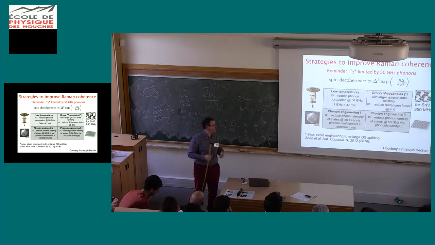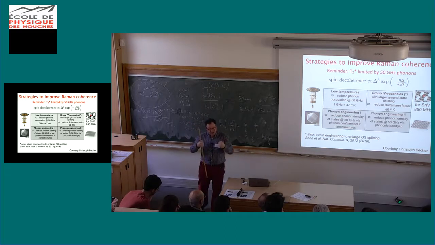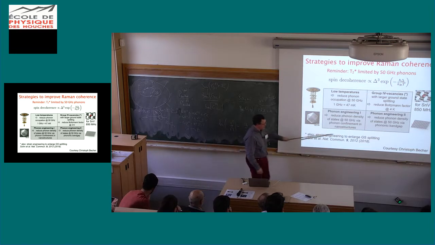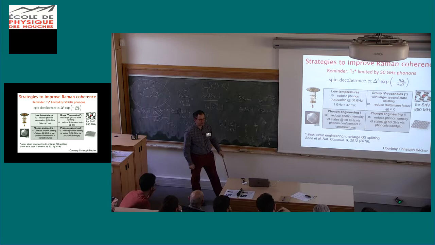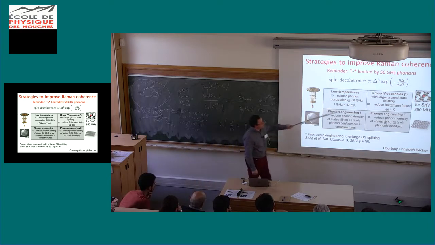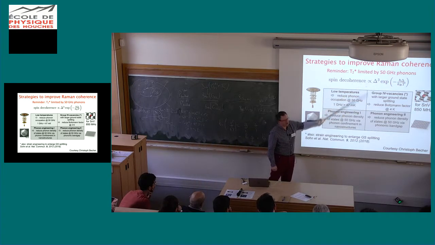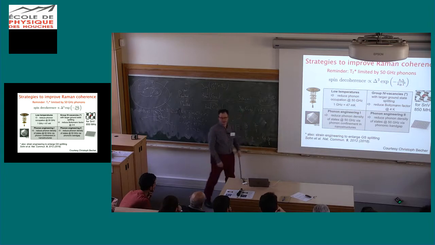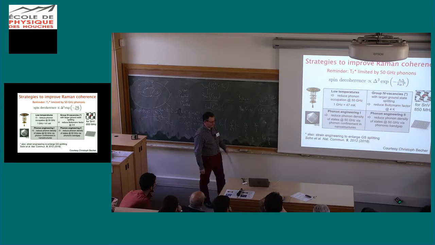But another possibility is also to use strain. If you apply strain on the system, you will increase the ground state splitting, you will enlarge it, and by strain engineering, you can reduce these phonon interactions that spoil the coherence time of the CPT.